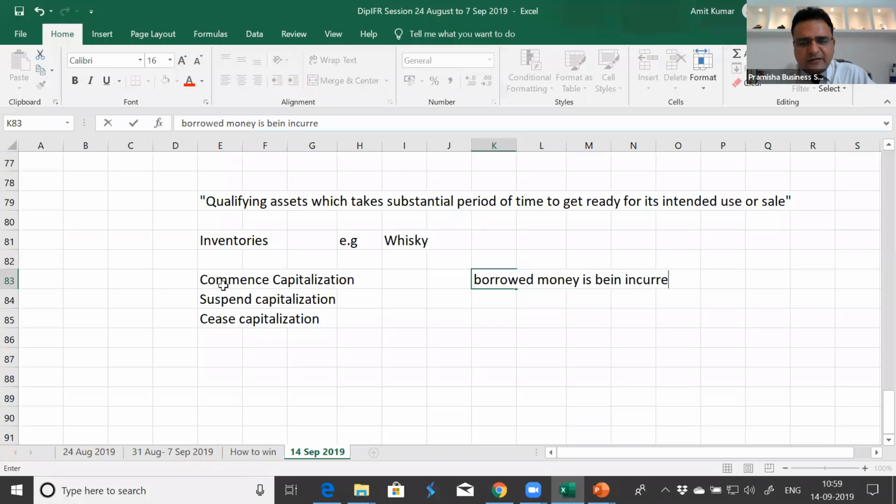On it we can commence capitalization. We suspend capitalization if there is a delay in work. If the delay in work is normal, we can continue capitalization.